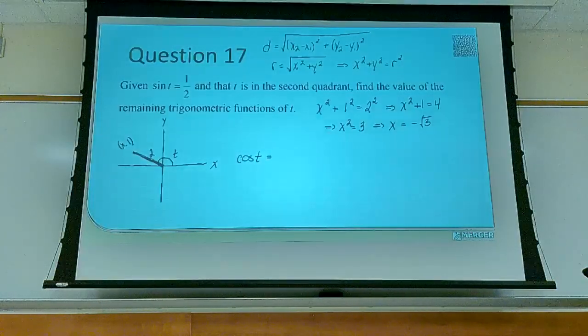How is cosine defined? x over r. x is negative root 3, r is 2.